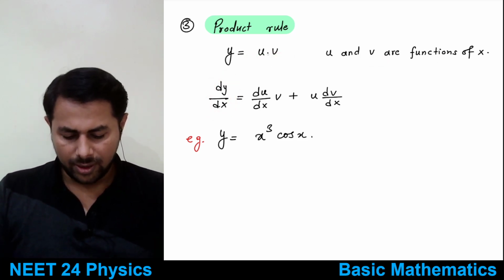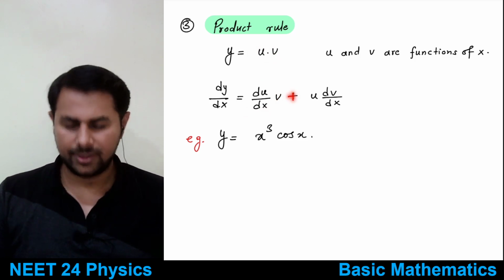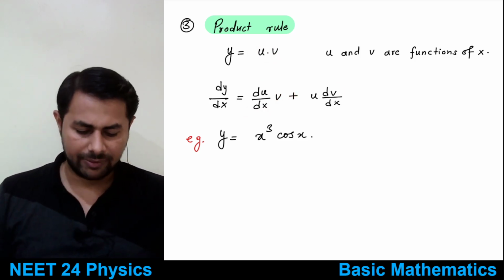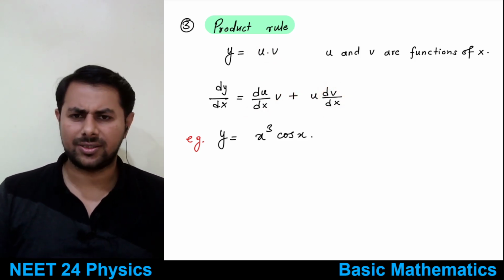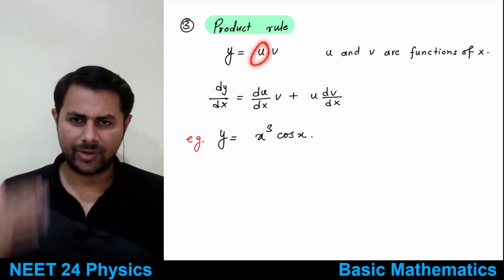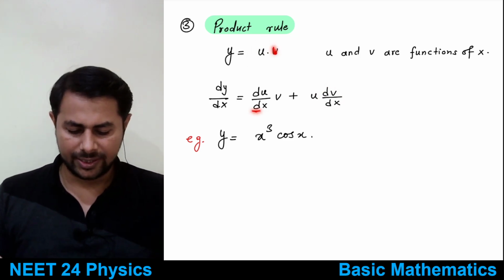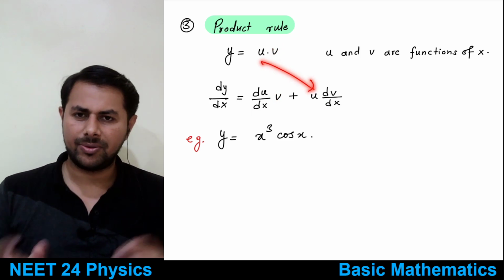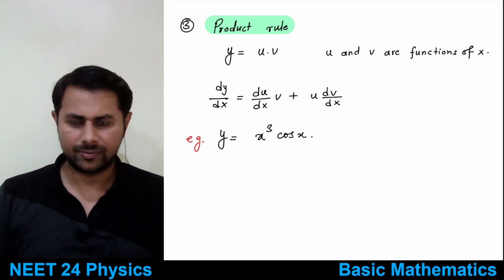It is the derivative of the first function with respect to x, second function as it is, plus first function as it is, derivative of the second function with respect to x. Very simple. This is the formula.